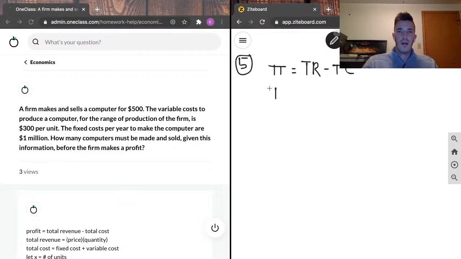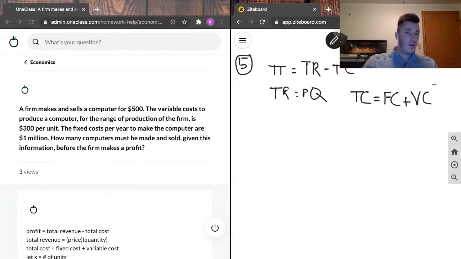In that, total revenue is going to equal the price of the good, P, times the quantity of goods produced, Q. Total cost is going to be made up of our fixed cost plus our variable costs. So fixed costs are essentially what you're going to have to pay no matter what, whereas your variable costs are going to change depending on the number of units you produce and sell.